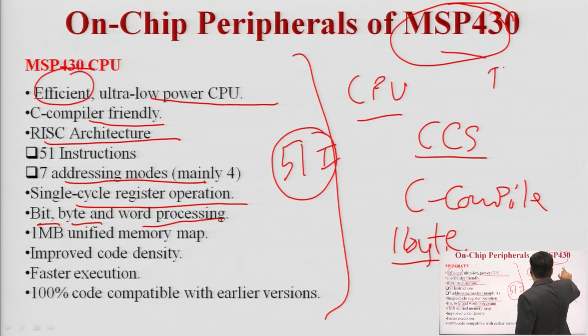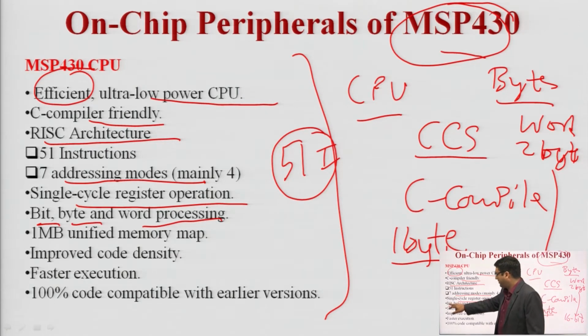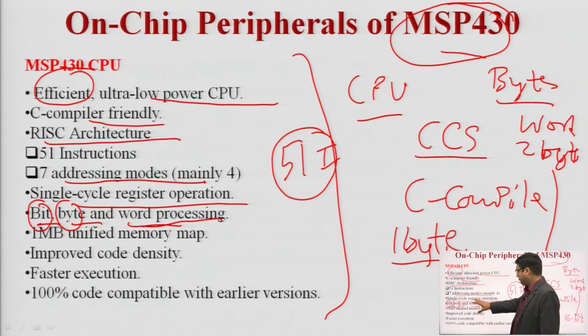It can function as a byte as well, and it can function as a word as well. A word basically has 2 bytes, or we can say a word has 16 bits. So MSP 430 can be accessed in byte and word. All this processing is available in the MSP 430.